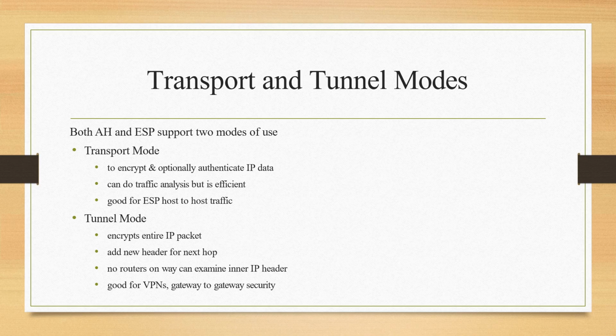The transport mode is used for end-to-end communication between two hosts, that is, client and server or two workstations. When a host runs AH or ESP over Internet Protocol version 4, the payload is the data that normally follows the IP header.